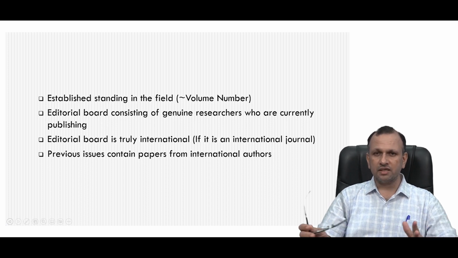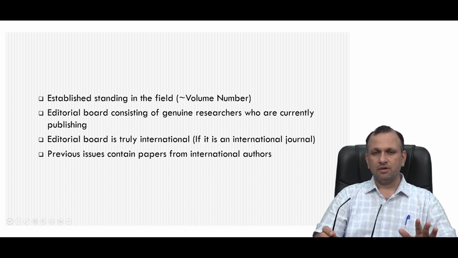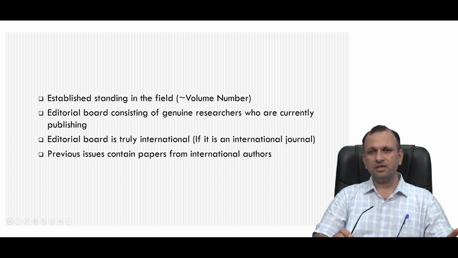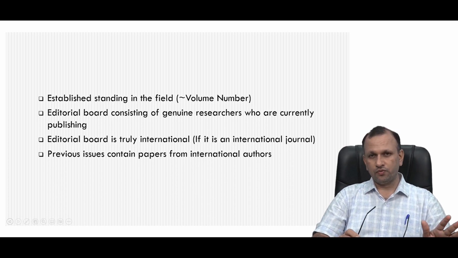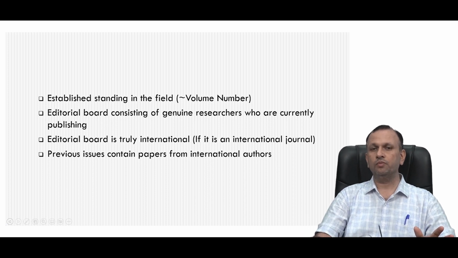So if the volume number is 10, most of the time it means that it has been publishing for the last 10 years. So if you see larger or greater volume numbers on the journal, then it means that the journal has an established standing in the field.